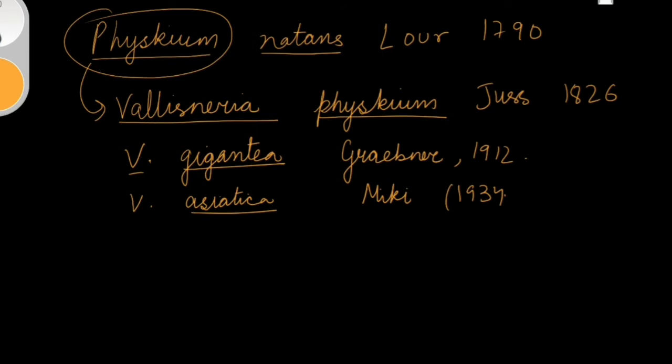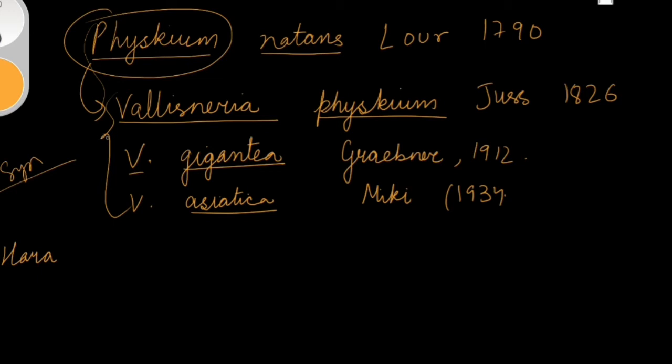So then later on, Hara, okay, he did his own research and found out that all of these names are synonymous. Okay, and then they all have described the same plant but have given the different name.